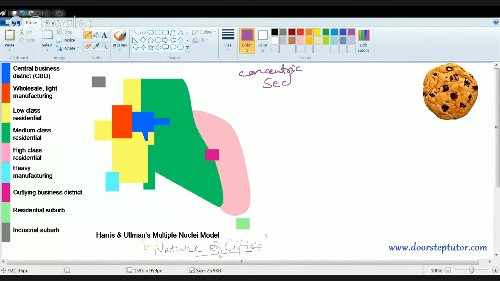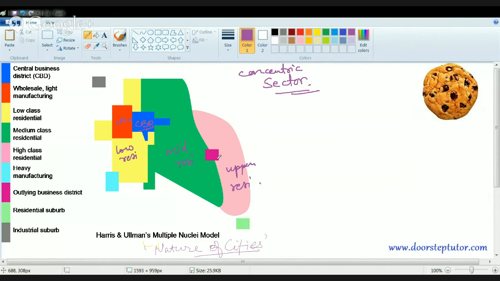So it's a refinement over the concentric theory and the sector theory. What it says is basically this is the CBD. Near the CBD you have the wholesale manufacturing that is coming up. Because there is wholesale manufacturing here, there is a low class residential population, a mid class residential population, and an upper class residential population here.